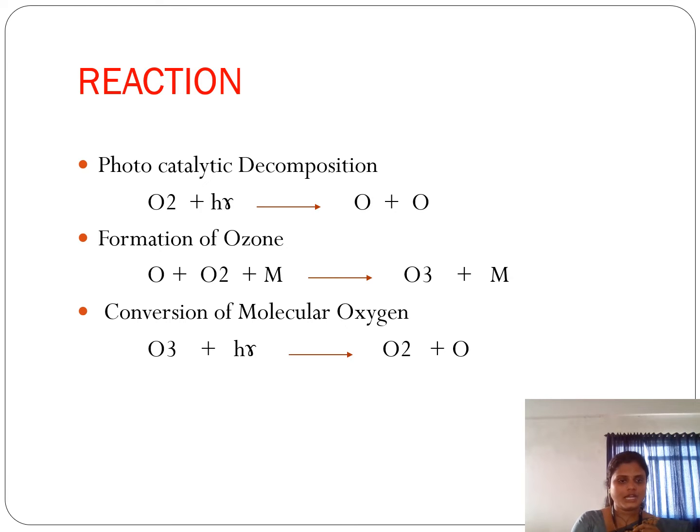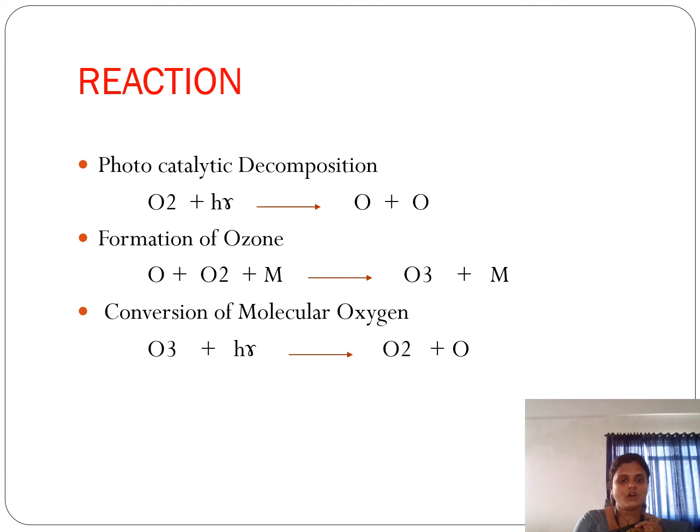So the basic reaction is, initially, photocatalytic decomposition of oxygen molecules takes place. That means the oxygen molecule absorbs the light radiation and is converted into oxygen atoms. Then the oxygen atom reacts with an oxygen molecule and is converted into an ozone molecule, so the formation of ozone takes place.